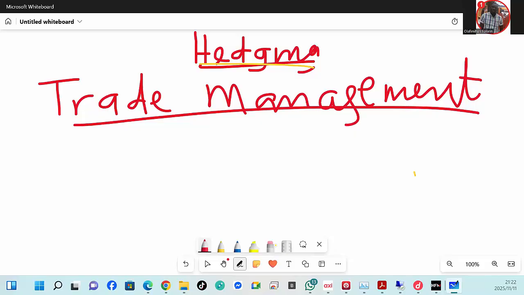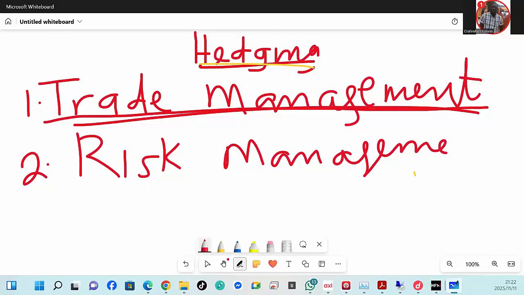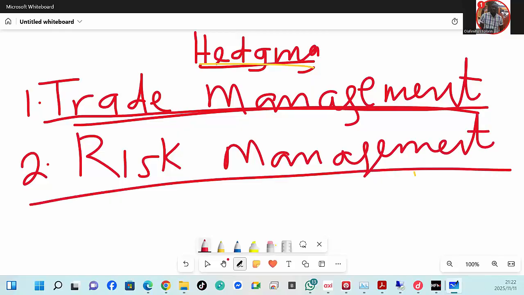No matter how good that software is, if you're not good on trade management, that is number one, and number two, risk management, that software is going to blow your account, including my own software too. Mine is not an exception.